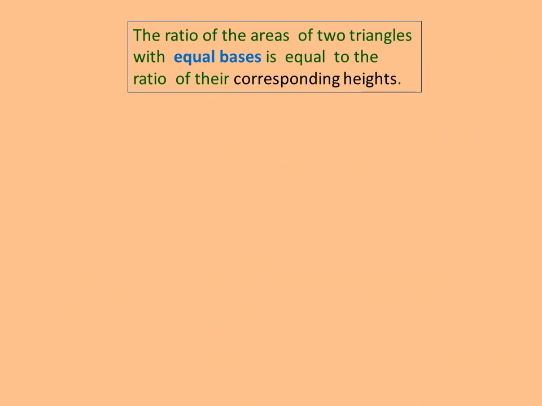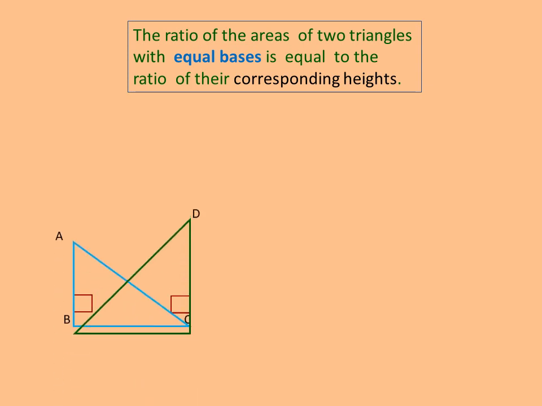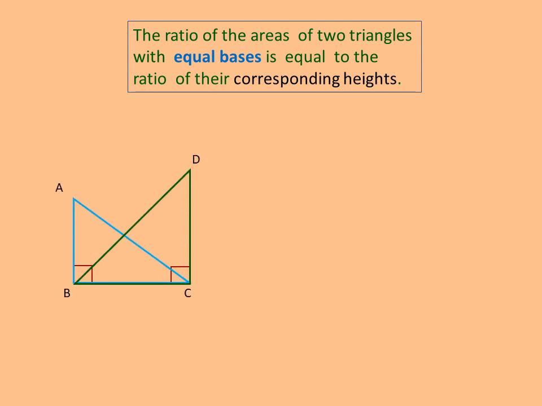Now we will see the second part here. The ratio of the areas of two triangles with equal bases is equal to the ratio of their corresponding heights. That means they have equal bases. Let us see now. Can you observe this diagram? In this we have two triangles named triangle ABC and triangle DCB. Both are right angled. Therefore, both the triangles have BC as a common base, because in triangle ABC, from A you have drawn a perpendicular on BC, so you got AB.